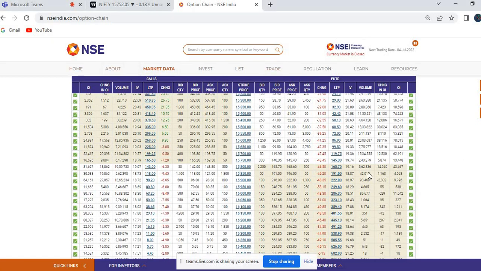On the support side, the nearest nice support is at around 15,700, then 600, and of course the 500, 15,500 has the highest put OI, which has 83,000 put OI, and that will act as a nearest support.